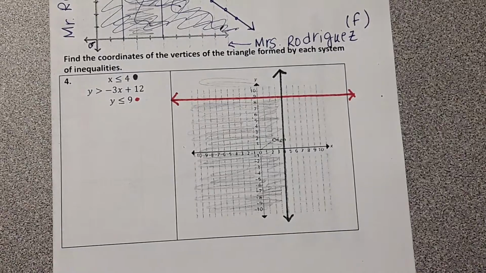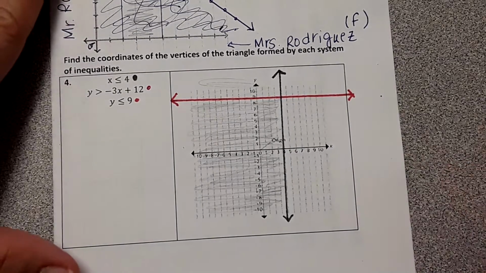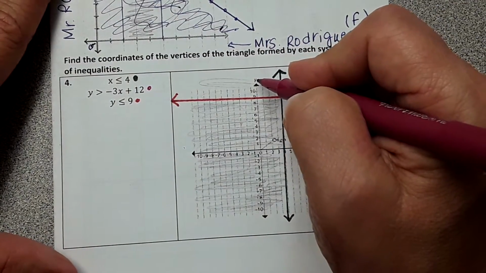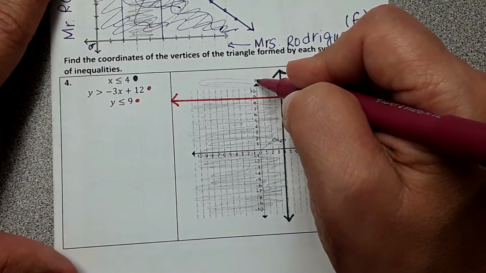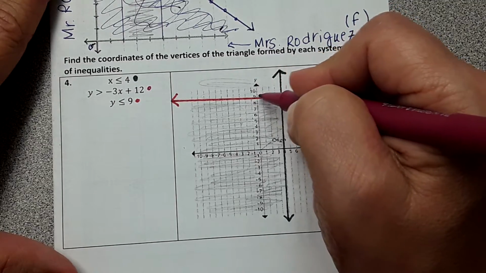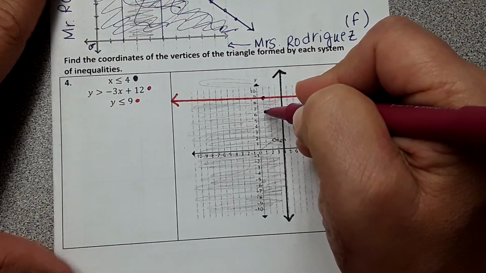And now I have one more line to graph. Where am I going to start? Positive 12. And then what am I going to do? I'm going to start at 12, go down 3, to the right 1. 1, 2, 3, to the right 1.